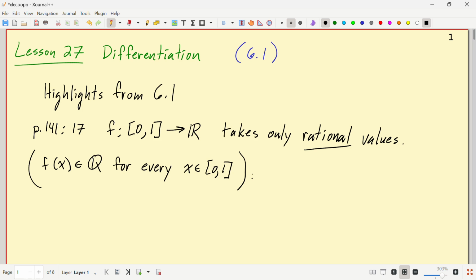And then the question is, let's see. Oh, it says it's continuous. I would ask, could f be continuous? That would be another similar question. And if it was continuous, what could you say about it? So also, f is continuous.